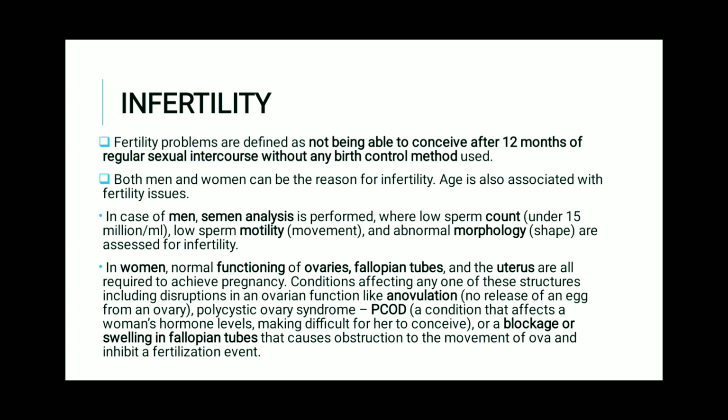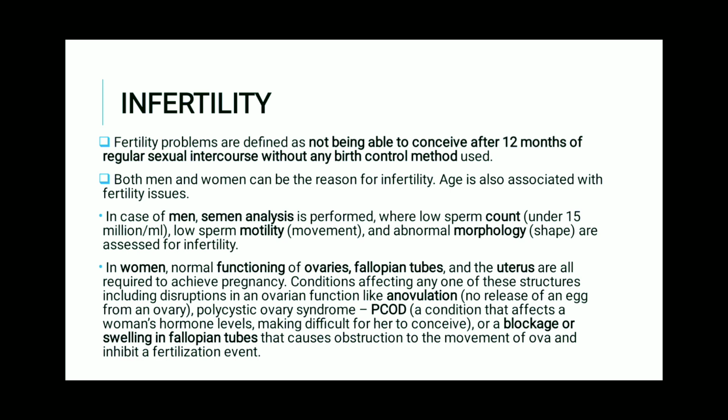In women, normal functioning of ovaries, fallopian tubes, and uterus are all required to achieve pregnancy. Now, conditions affecting any of these structures can contribute to female infertility. The first problem is anovulation, that is, no release of an egg from the ovary. The second reason is polycystic ovarian syndrome.